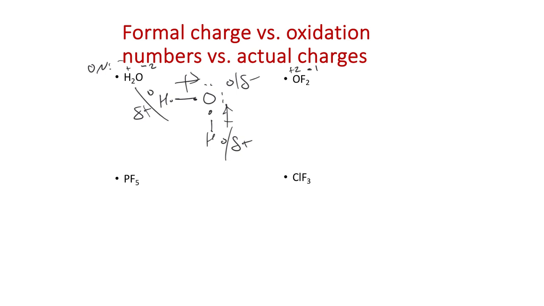What these signs are doing is trying to predict which atom's positive and which atom's negative. So the oxidation number signs should equal or be related to the true atoms that are positive versus negatively charged in the molecule: hydrogen being positive, oxygen being negative.